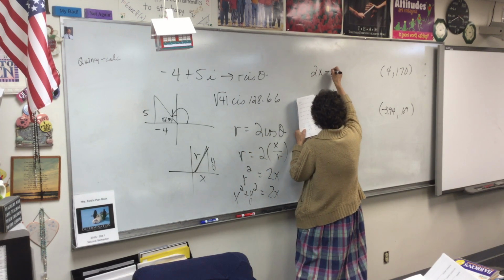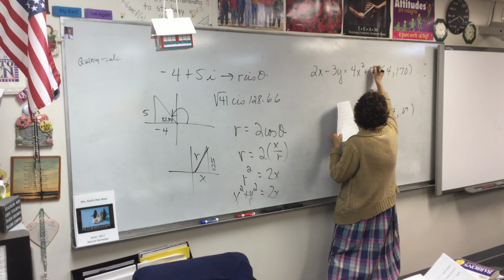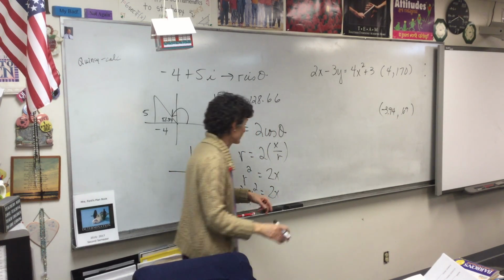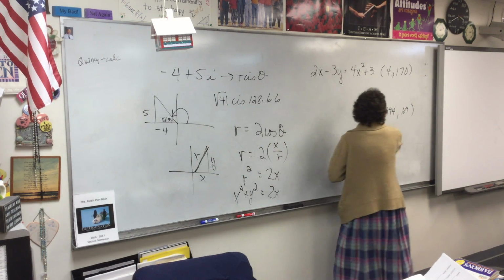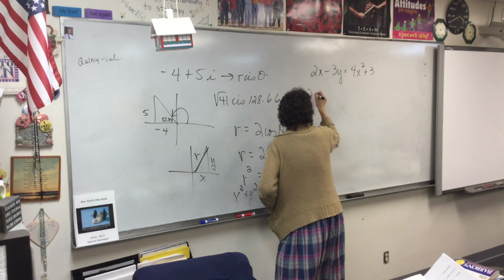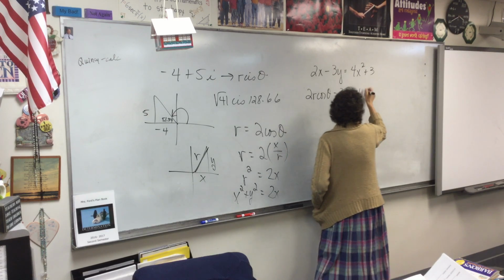Number 7 is the opposite of that. These are the easy ones. No work involved with these guys. Just change the x's and y's to r cosine and r sine.